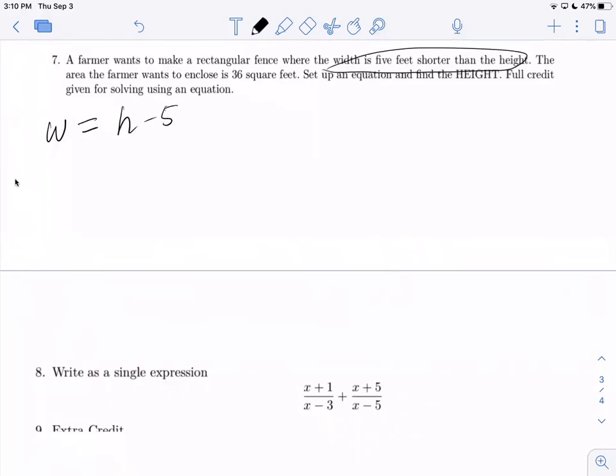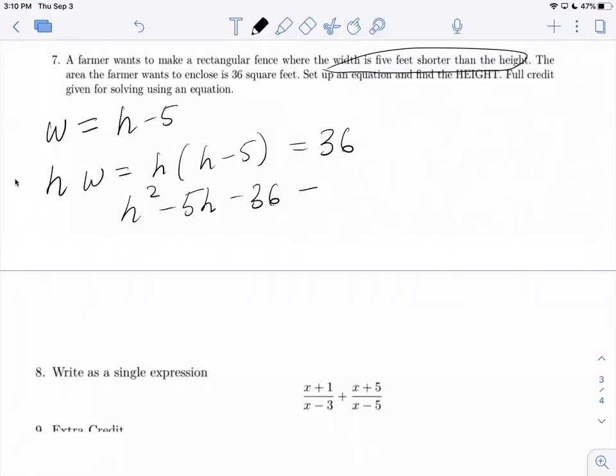Then I distributed that H into the parentheses and I got H squared minus 5H minus 36. And then I did the magic X thing, and I got H plus 4 and H minus 9, but then I switched the signs and I got H equals negative 4 and H equals 9, but because it's negative, I just assumed it was impossible, so I got H equals 9.